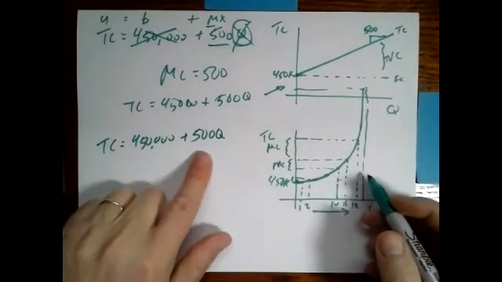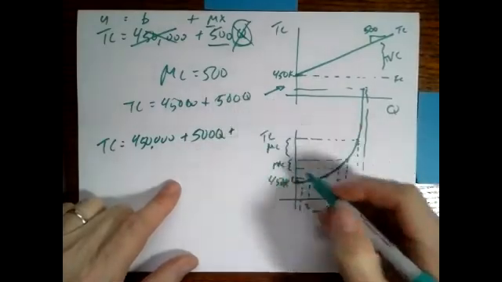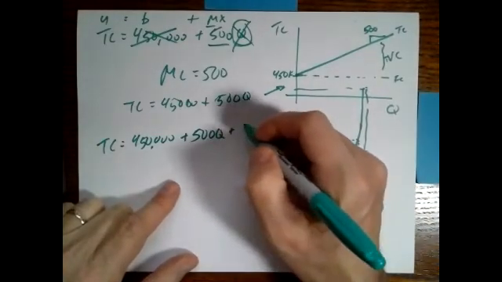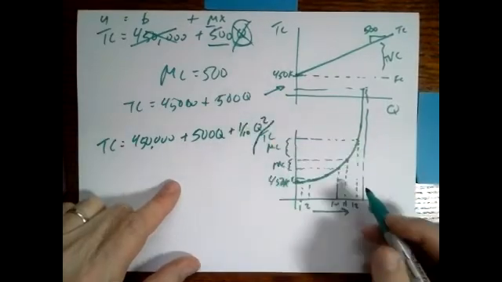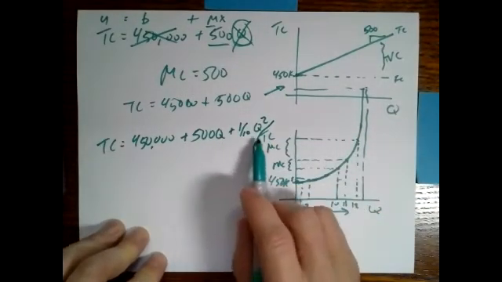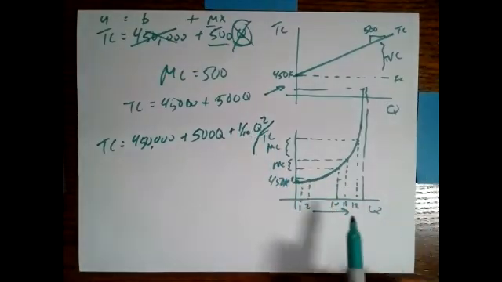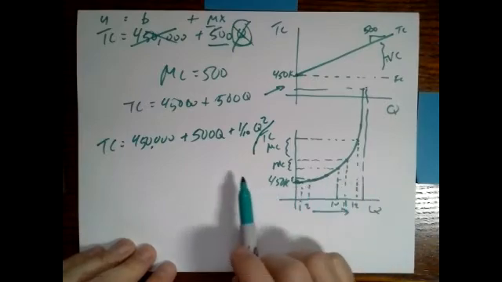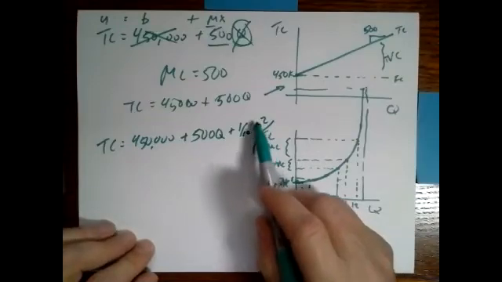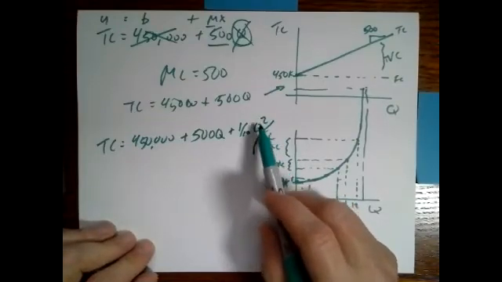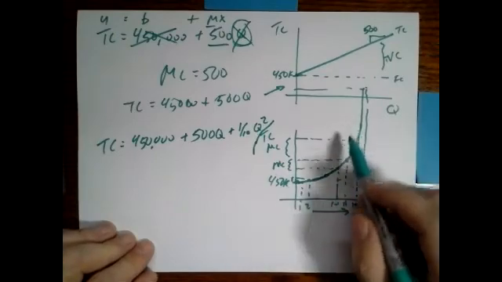It might have 450,000 plus 500q, but then it might have what I like to call a kicker, which says, say, 1/10 q squared, right? So this 1/10 q squared is going to add on a little bit every time we add one more Q. As we add one more Q, this number is going to get bigger. Now, because it's a squared number, it's going to get bigger at an exponential rate, right?